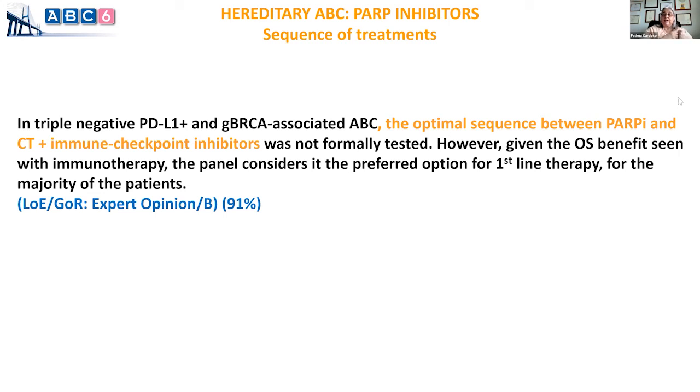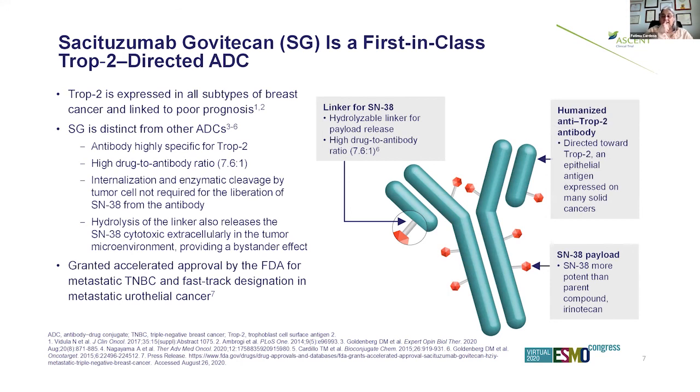And because we see an overall survival benefit with the immunotherapy, we tend to prefer immunotherapy first and PARP inhibitors after. It doesn't mean that it has to be like that for all patients, but it might be like that for the majority of patients.